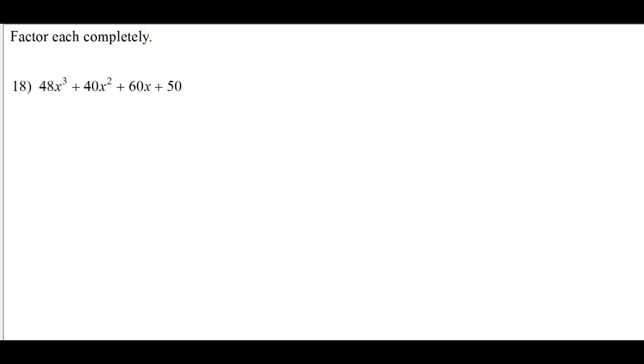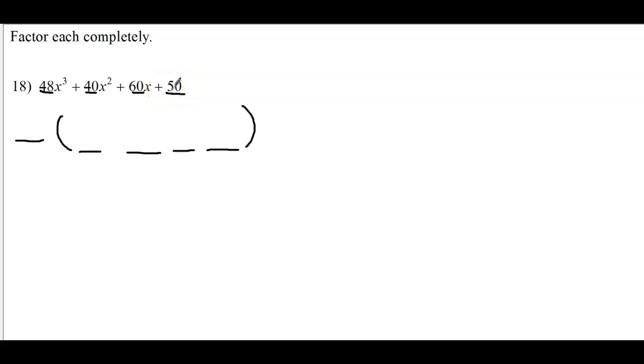All right. Number 18. Once again, we want to take out a GCF. What goes into 48, 40, 60, and 50? Wow, pretty big numbers there. Let's see, I know that 50 can be divided by 10 or 5, but that doesn't work for any of these.